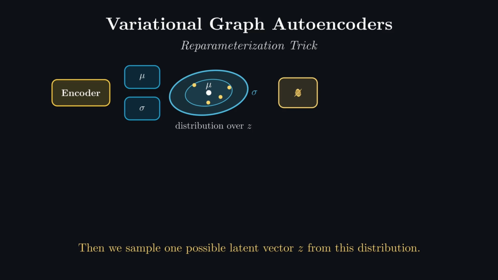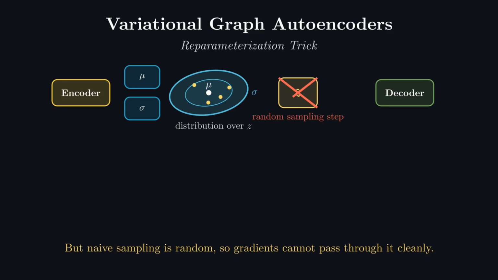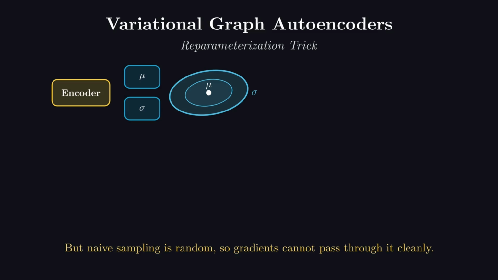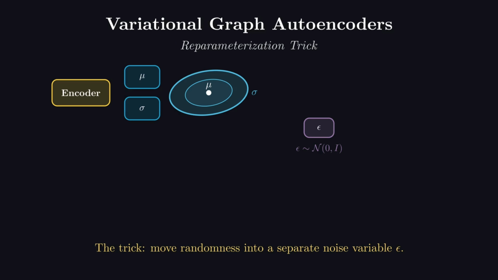But this creates a problem during training. Sampling is random, and if we sample directly from the distribution, the gradient cannot flow cleanly through this random step. So the model would have difficulty learning how mu and sigma should change. The reparameterization trick fixes this. Instead of sampling z directly, we sample a separate noise variable epsilon from a standard normal distribution.